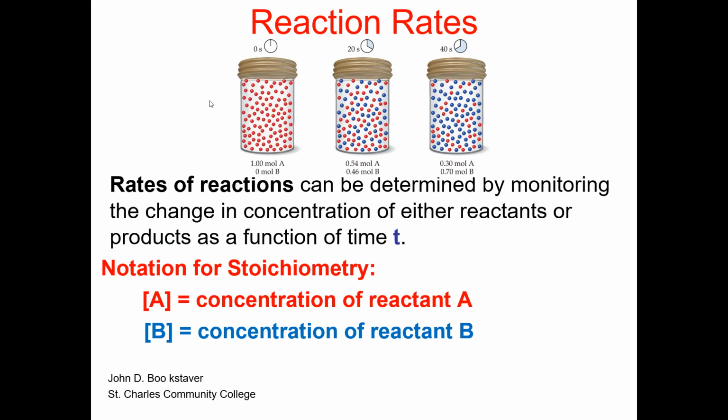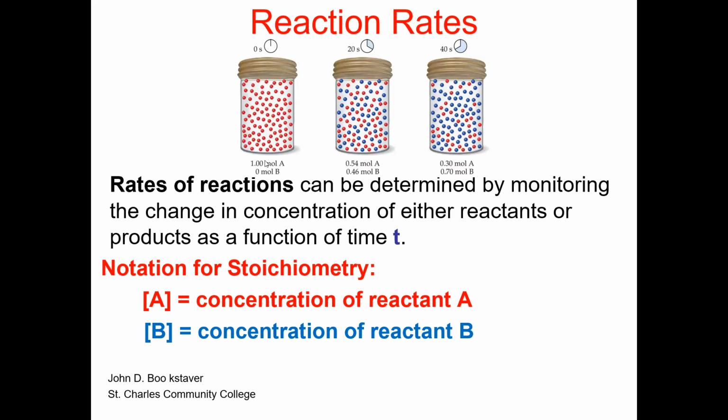So now look at this. We have 1.0 mole of A and 0 mole of B at time 0 seconds. But at 20 seconds, the reactant A starts converting to produce B, meaning the number of molecules of A is decreasing.